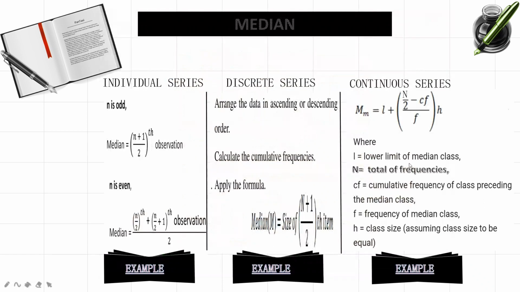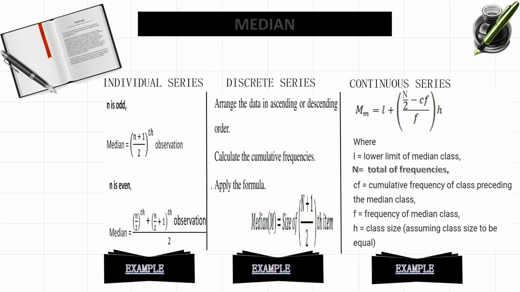Next, continuous series. Here is the formula to calculate the median in the case of continuous series, which is L plus ((n by 2 minus Cf) by f) into h. Most students add L directly to the numerator, that is, to n by 2 minus Cf. But don't do that.